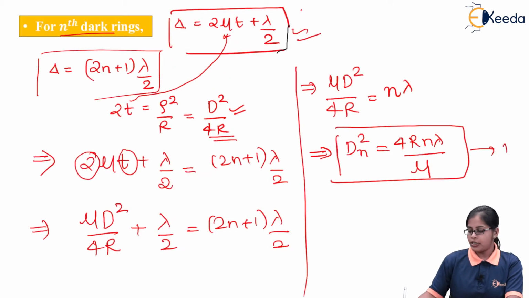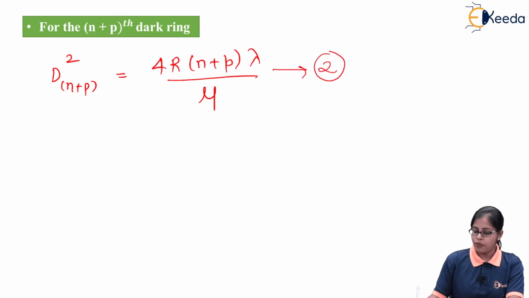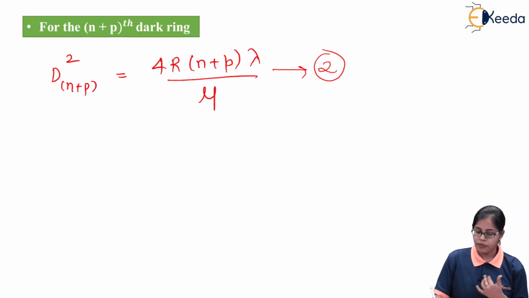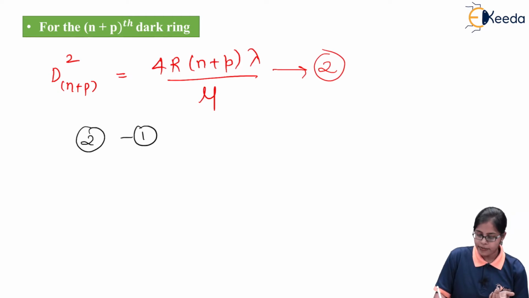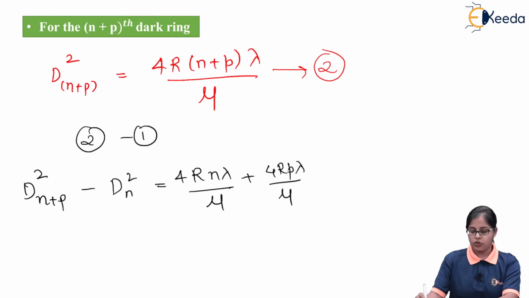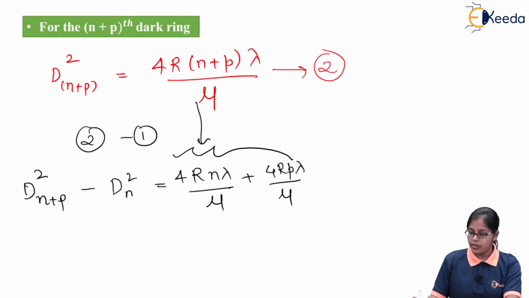Now, if I write this equation as 1 and this equation as 2, and take the difference between the two equations, subtracting equation 1 from 2, on the LHS we are going to get d(n plus p) squared minus dn square, which is equal to, on the RHS, 4rn lambda by mu plus 4rp lambda by mu, since this is getting divided into two parts, minus the one term 4rn lambda by mu.